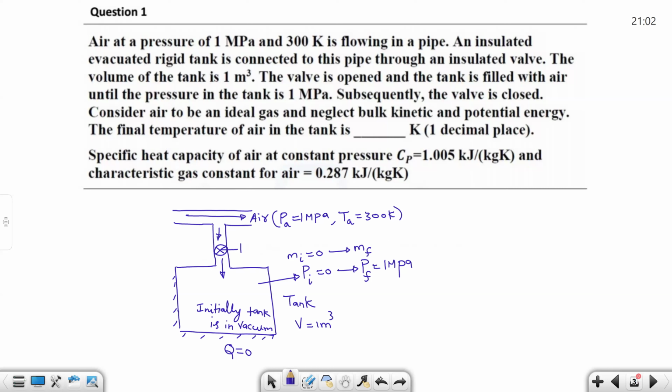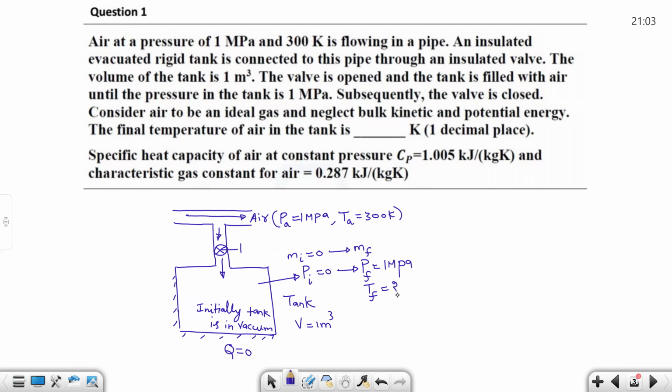Once the flow is stopped, the valve is closed. Consider air to be an ideal gas. Neglect the bulk kinetic and potential energy. What is the final temperature of the air in the tank?